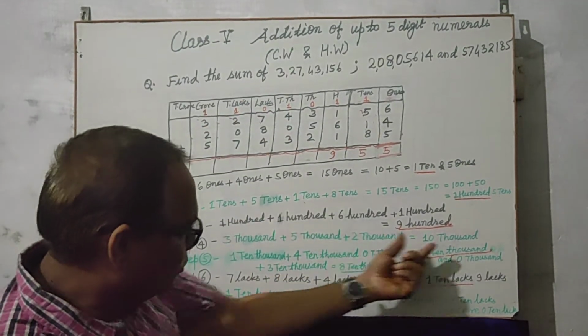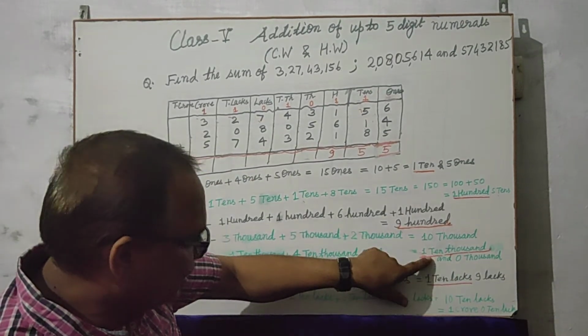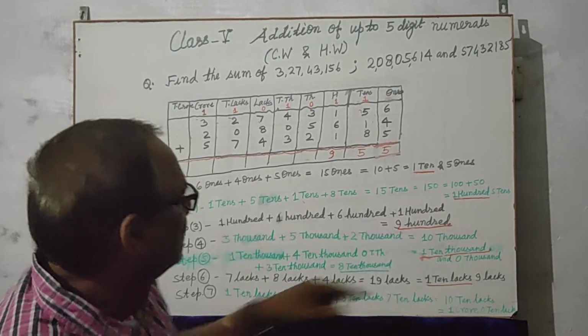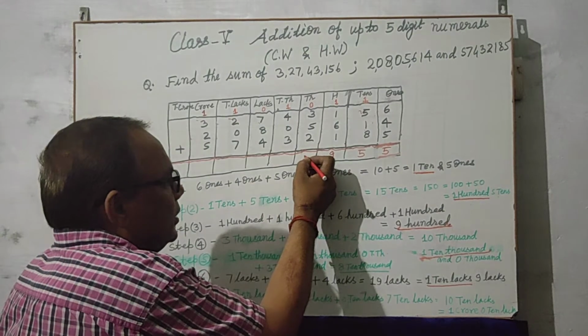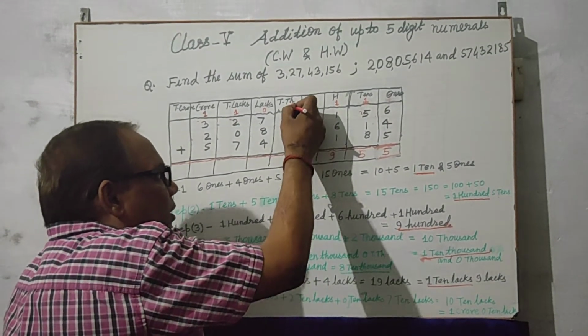This will give you 10,000. 10,000 means 1 ten thousand and 0 thousands. So here will be 0 and carry 1 ten thousand.